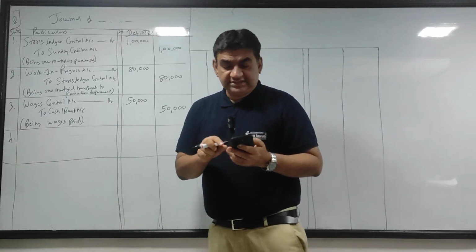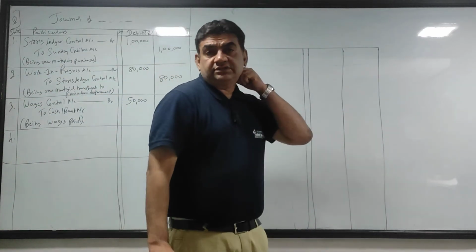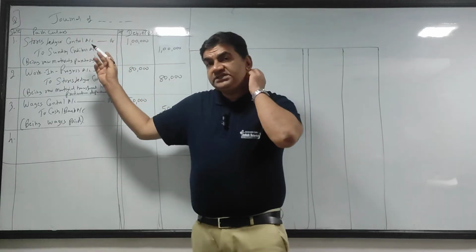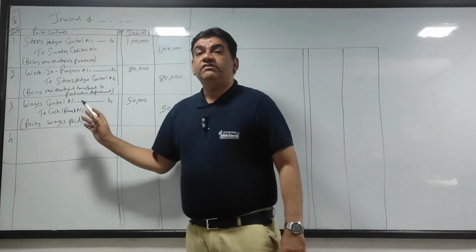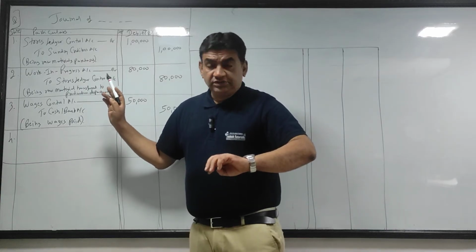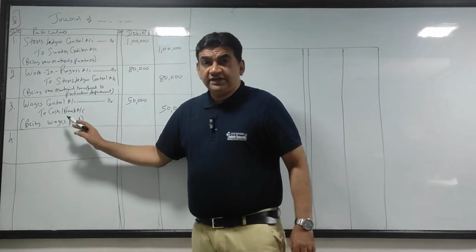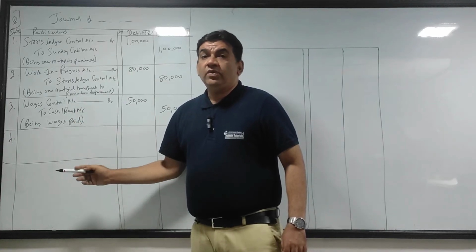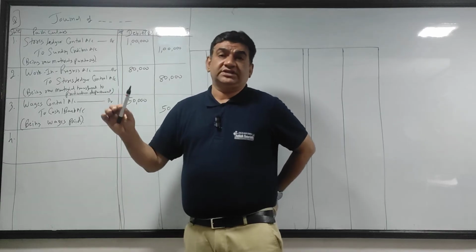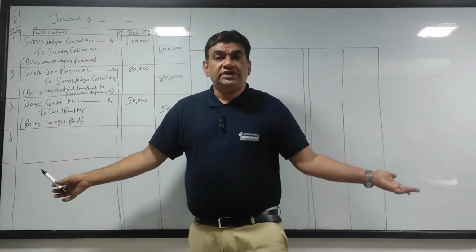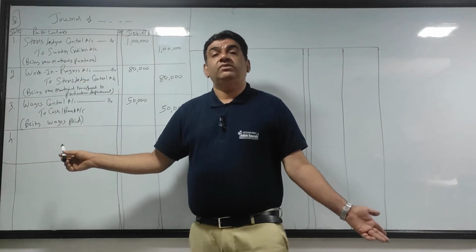Okay, next. Now see, wages charged to production 45,000. Why did I purchase material? For further processing. Why did I incur wages? For further processing. So what I will do is, when I incurred wages, I debited wage control. Now I am going to charge it to production. That means I will charge this cost to production, and anything charged to production, as we discussed, will be a part of WIP.